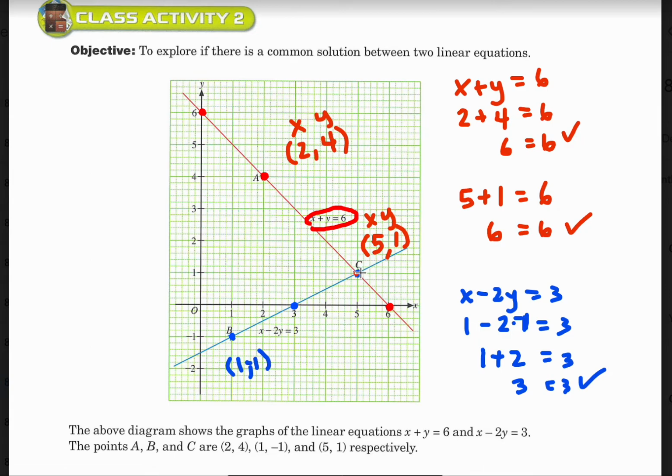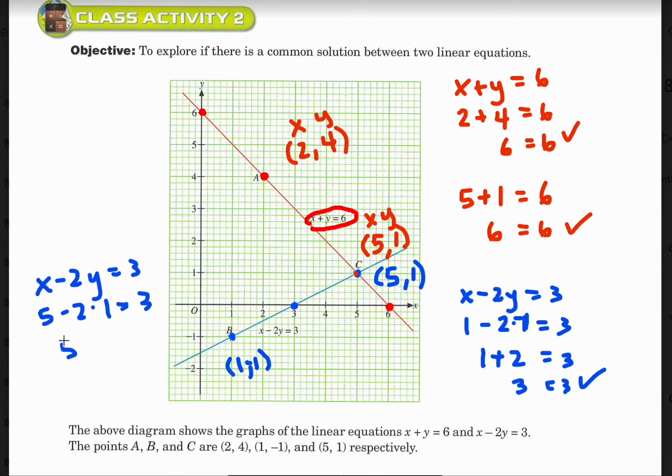And then remember, these two lines intersect at 5, 1. They both share 5, 1. Let's double check and make sure 5, 1 works for that one as well. We have x minus 2y equals 3. Instead of x, I have 5 minus 2 times my y value is 1, a positive 1, equals 3.